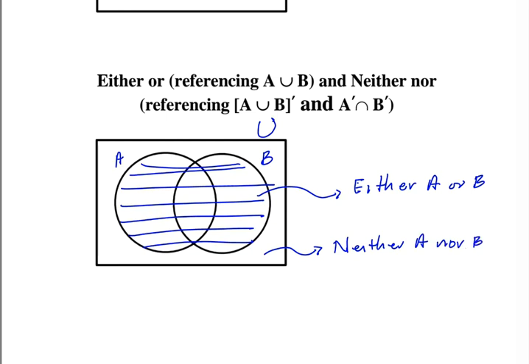All right, we already identified that the shaded region is A union B, and the region that is not shaded is A union B complement, meaning not in A union B, or A complement intersect B complement, meaning not in A and not in B. All right, let's go a little further.